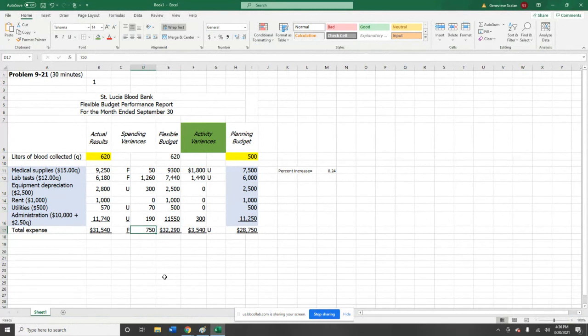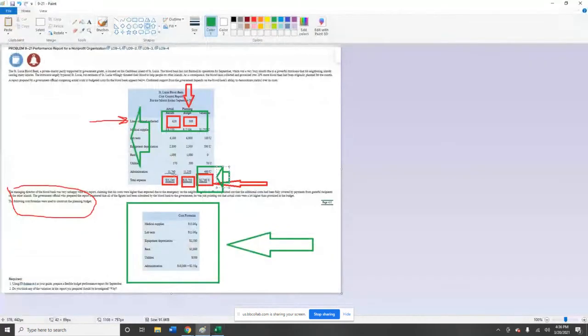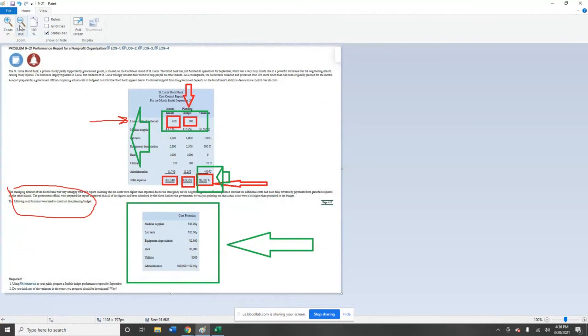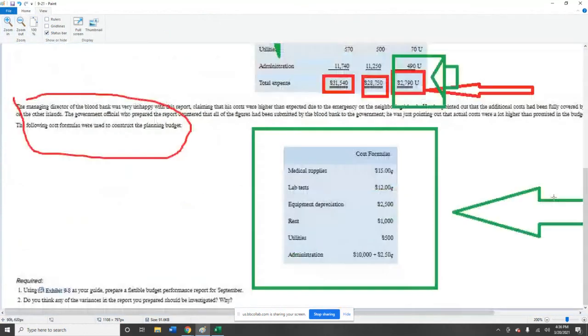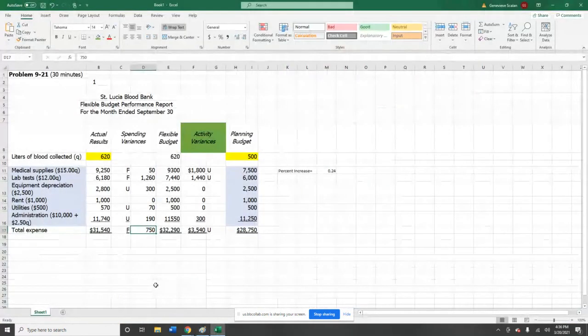So the next part of the question says, do you think any of the variances should be investigated? Right, so that's where we're going to start using our logic.